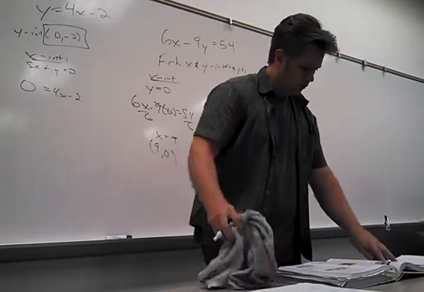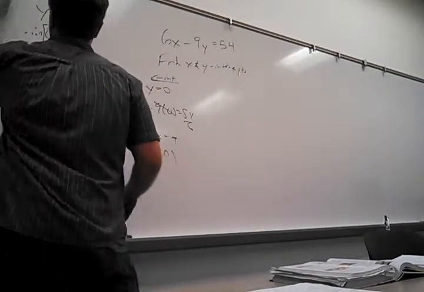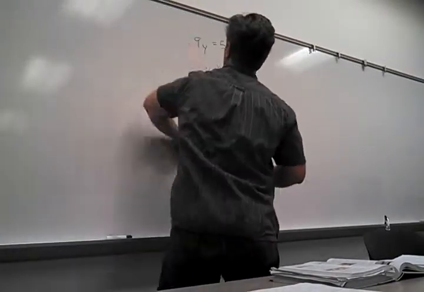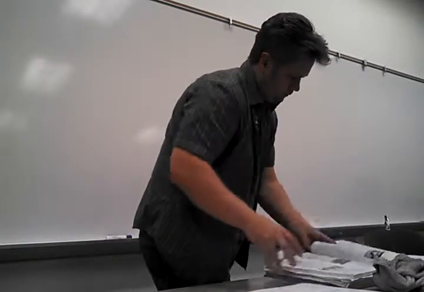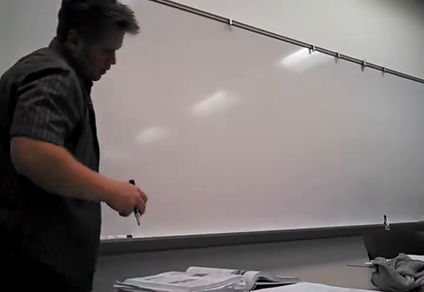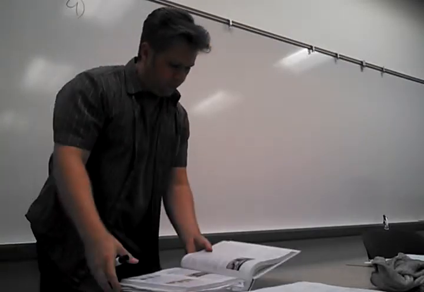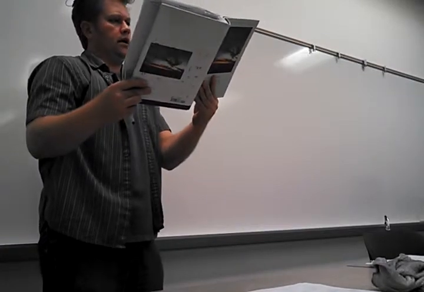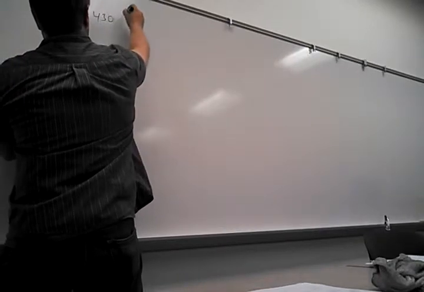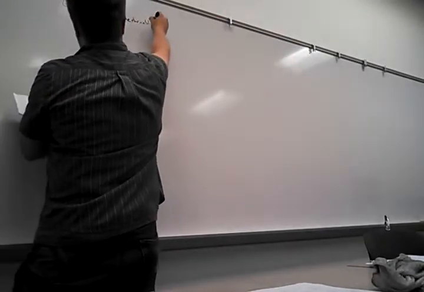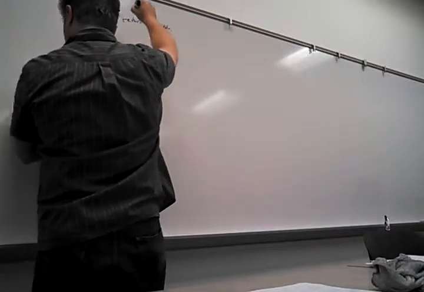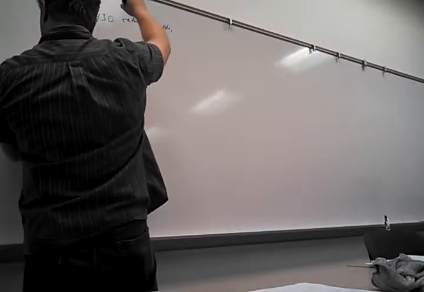4.4 number 9. This is a perfect little review. Number 9 says, as part of a fundraiser, the Cobble Hill Daycare, this is page 266, collected 430 returnable bottles and cans.